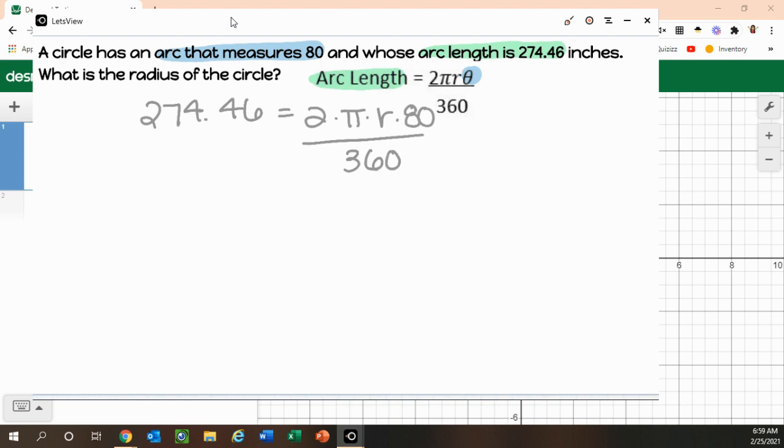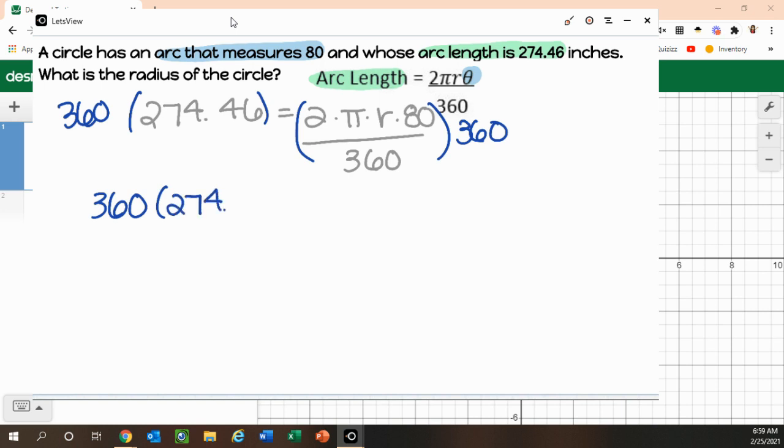To get rid of dividing by 360, we're going to multiply by 360 on both sides. This one, honestly, I'm not going to simplify. I'm just going to keep rewriting it as is because these are some big numbers and you can put them into Desmos. We'd be multiplying these terms. On the left, I want to multiply 2 and the 80.